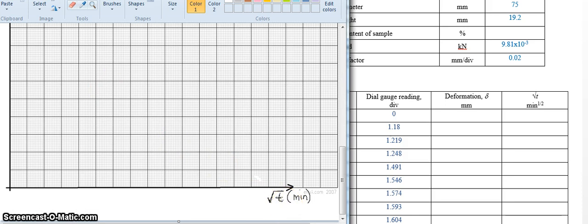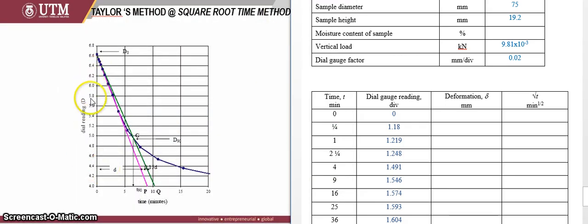Alternatively, you also can plot directly the dial gauge reading, but I suppose plotting the H minus deformation is much easier for you to plot, as you have it and also the square root time.